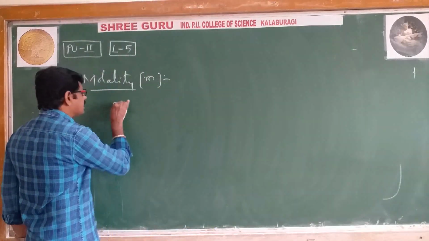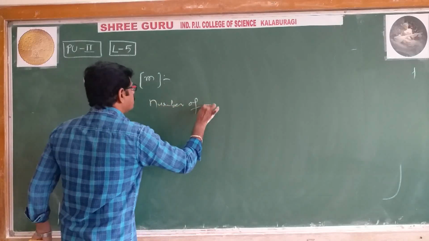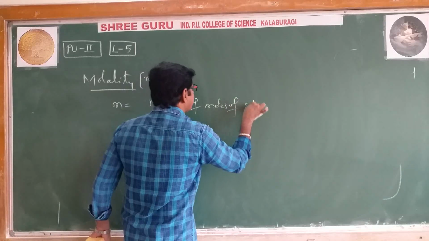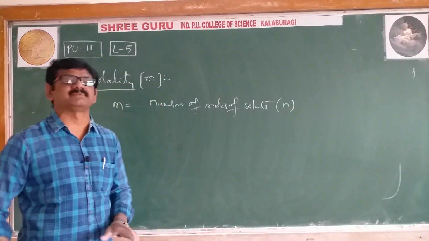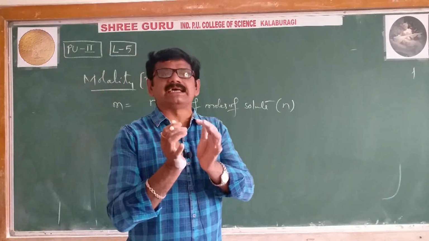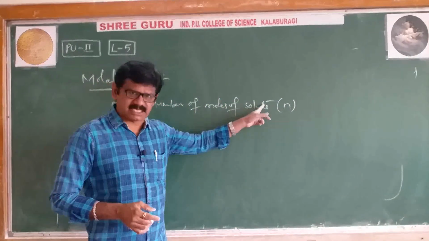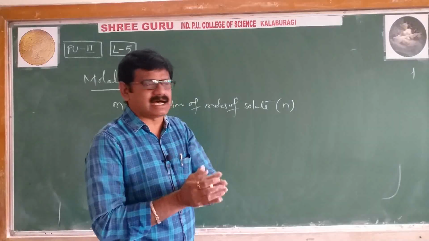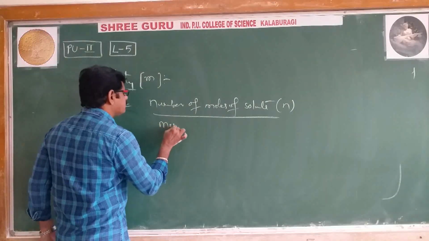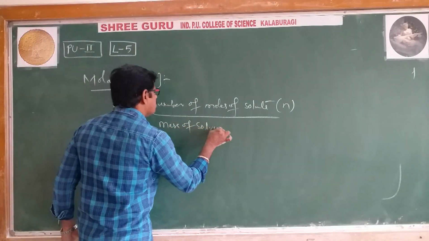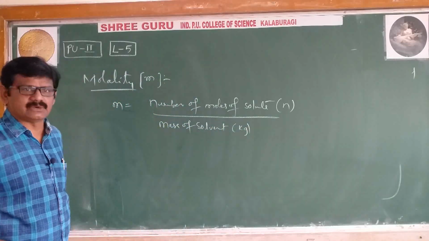Therefore, we'll write like this: small m is equal to number of moles of solute only, remember. Concentration expressing term means we measure the amount of solute, in terms of number of moles, divided by the mass of solvent in kilograms.